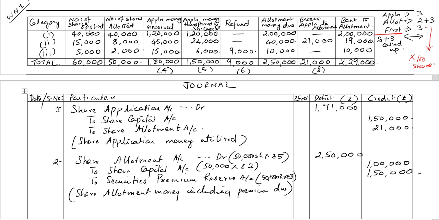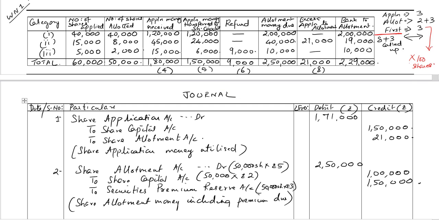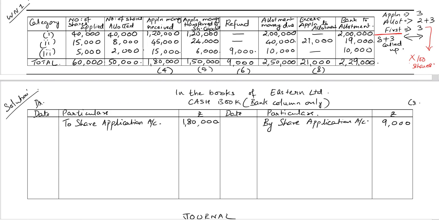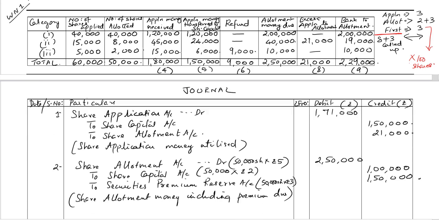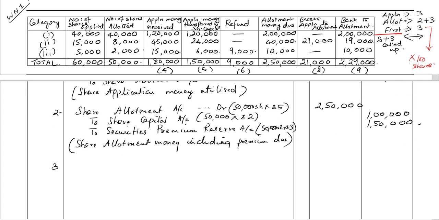The next entry is for receipt of the share allotment money, which is a cash transaction. So to share allotment account, the entire amount due on allotment has been received, and this amount will be the total of the last and final column, the ninth column, bank to allotment. So that's 2,29,000 rupees. The next entry is to make the share first call money due.